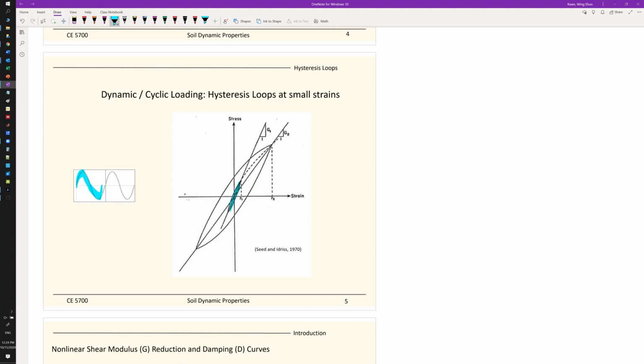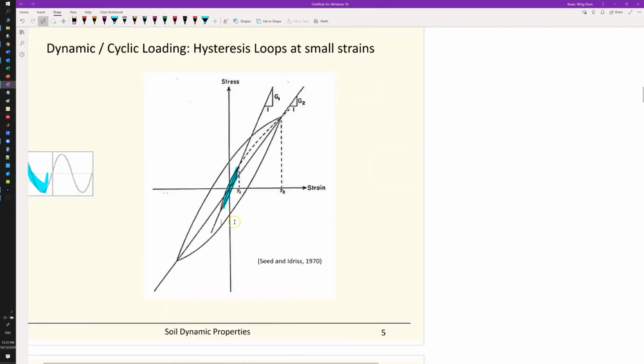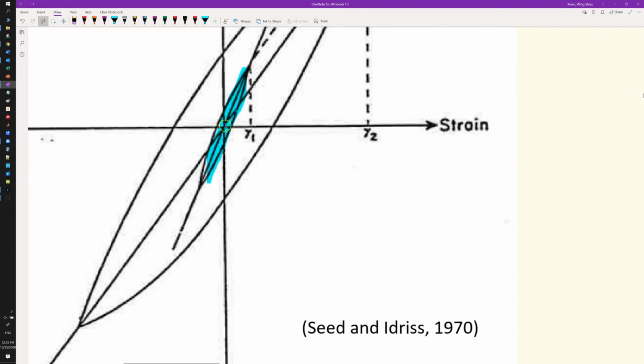If this is the first one, you connect the points between the origin and the maximum point here.